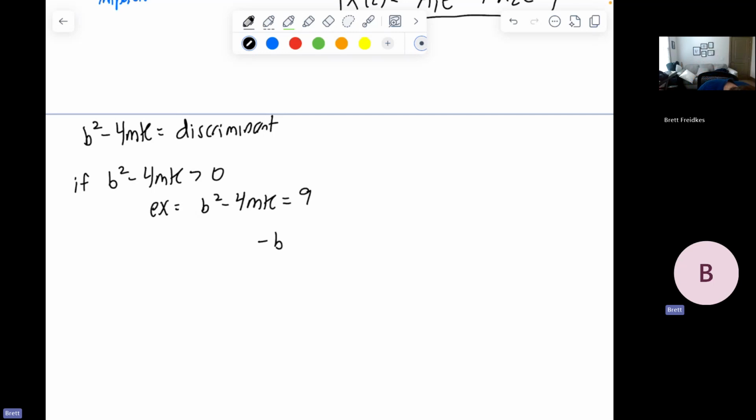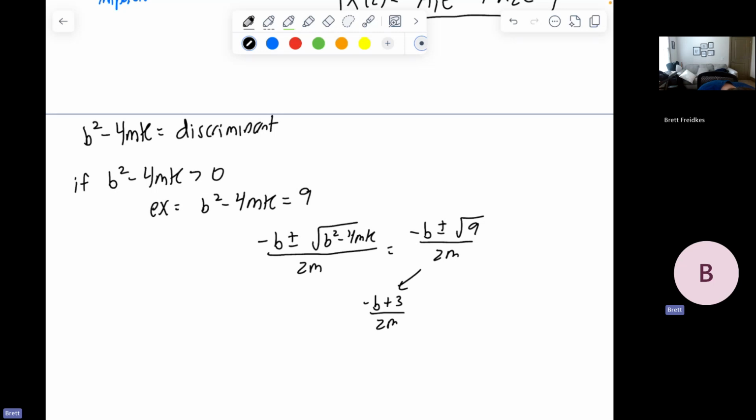That means that our equation here would be something like negative b over 2m plus or minus the square root of 9. So we get negative b plus 3 over 2m, negative b minus 3 over 2m in this situation. Because again, this plus or minus that's here results in 2 different answers for lambda.